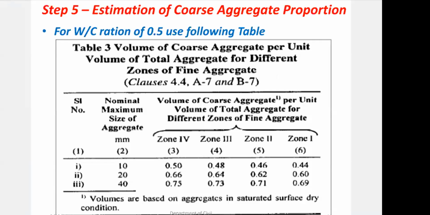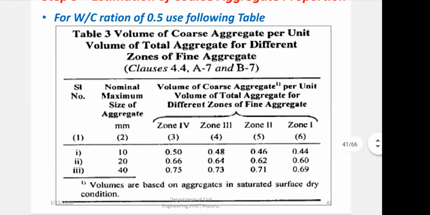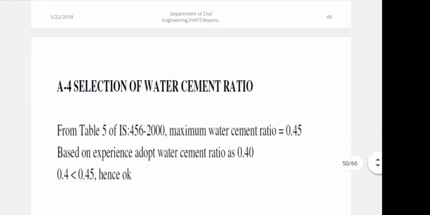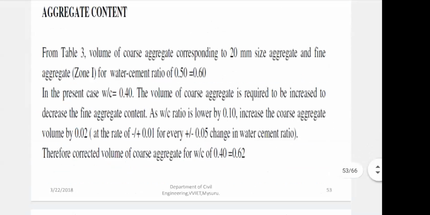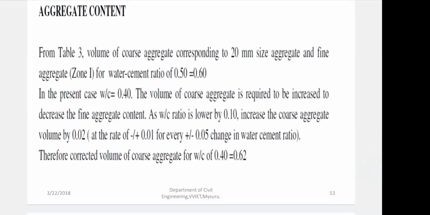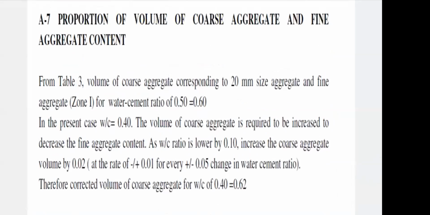So in this numerical, 0.5 corresponds to 0.6 for zone 1 and 20 mm size of aggregate. In the present case, what is the water cement ratio? 0.4. You can see that in our present case, the water cement ratio is 0.40.